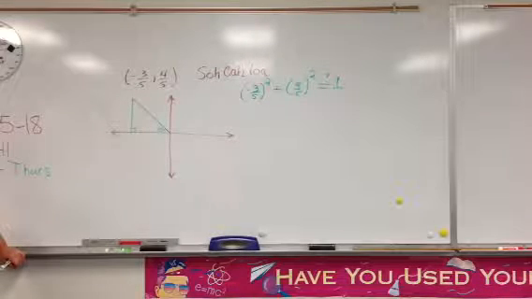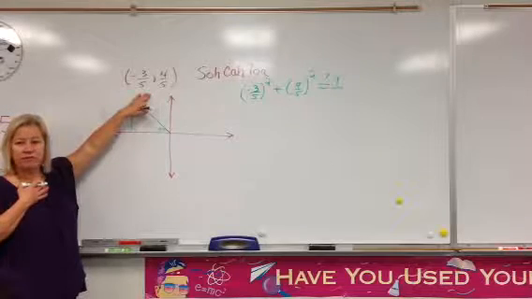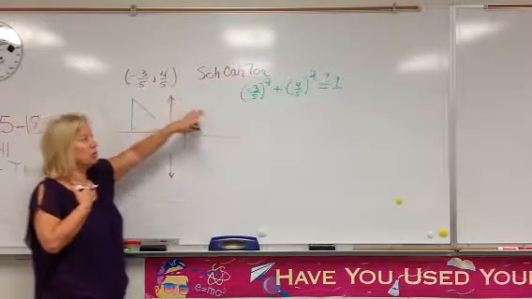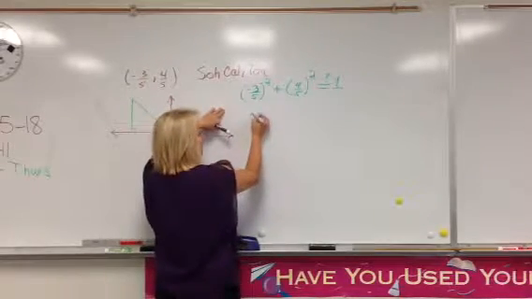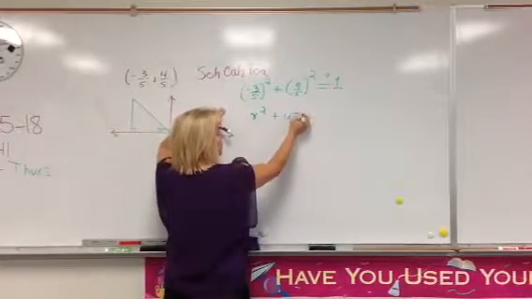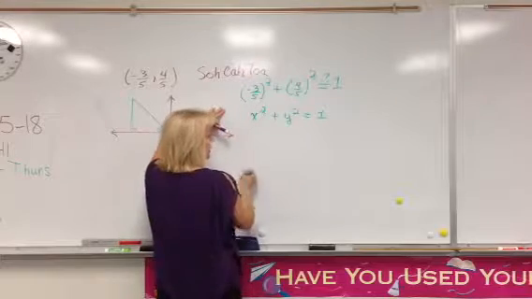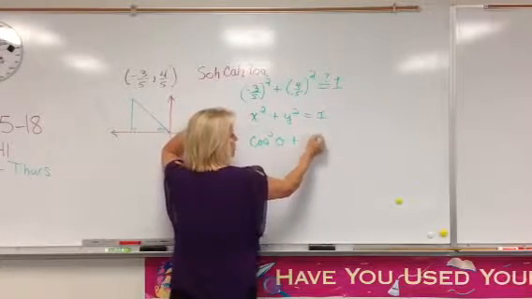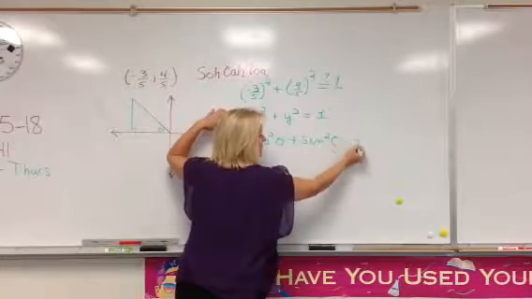That's 25 over 25, right? So I can kind of look at them myself and know what kind of circle I'm dealing with. If it works in x squared plus y squared equals 1, or cosine squared theta plus sine squared theta equals 1.